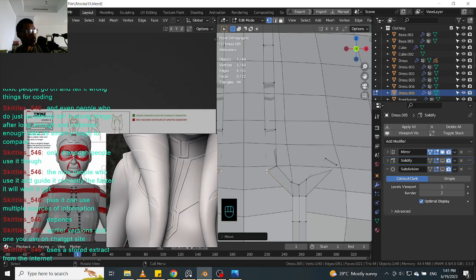Earlier versions, and the one you use on the ChatGPT site, use a stored extract from the internet.